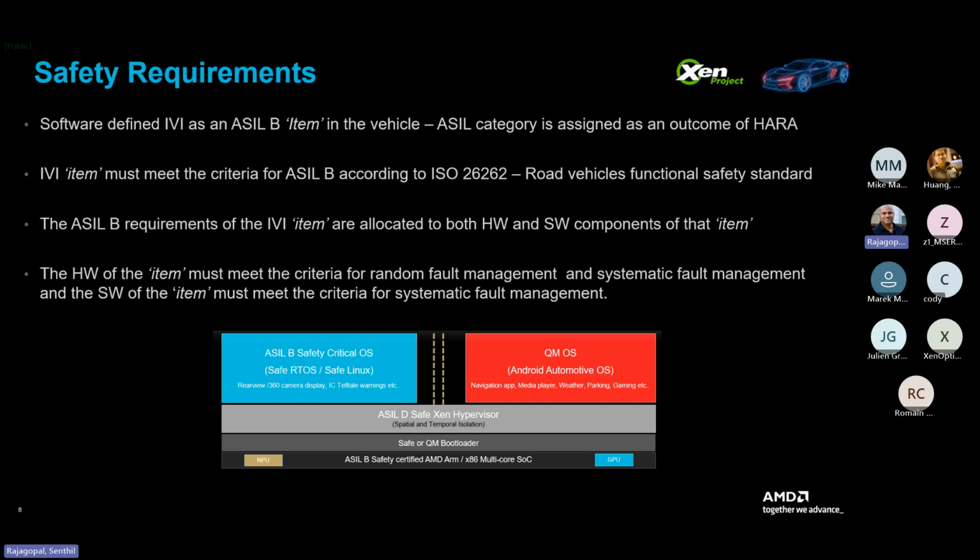So you don't need to do that. You can have a container kind of solution like a hypervisor. You can host safety critical applications in a safety critical OS, and all the navigation and media player can run on Android, or another version also Linux.